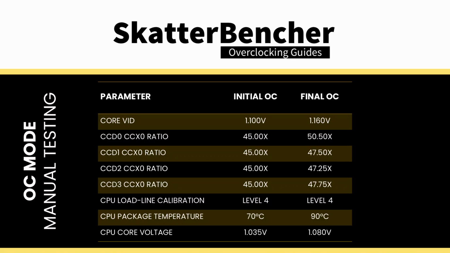We ended up with an average frequency of 4,825 MHz with 1.16 volt VID, which under high load drops to about 1.08 volt. As a reminder, the values in this table are for my specific system and specific stability test. Your CPU may have wildly different values depending on the CPU sample, cooling and motherboard, and your chosen stability test.